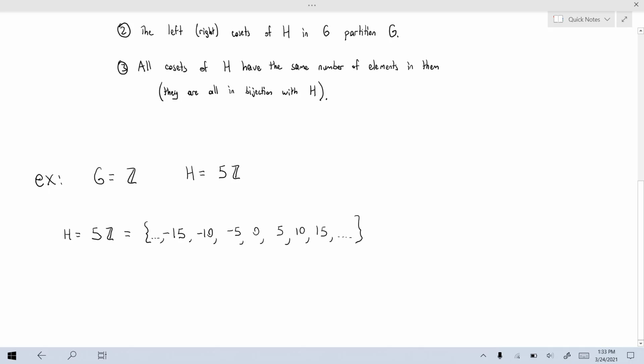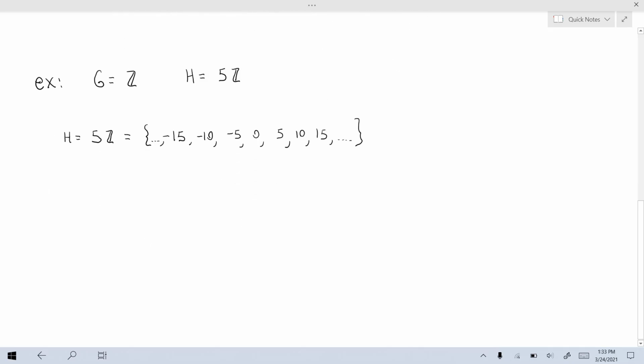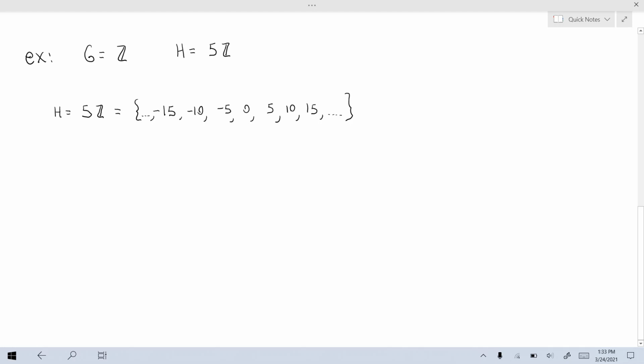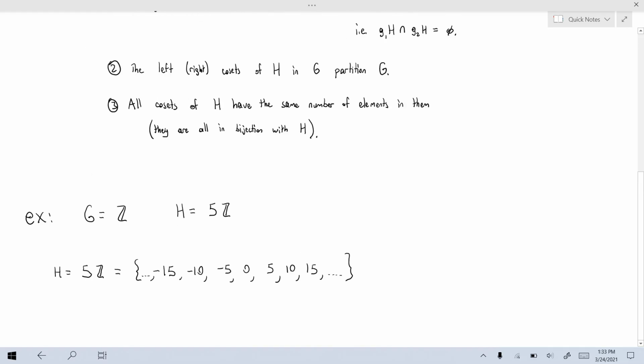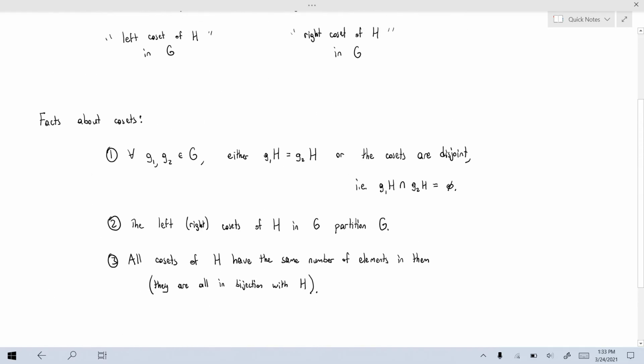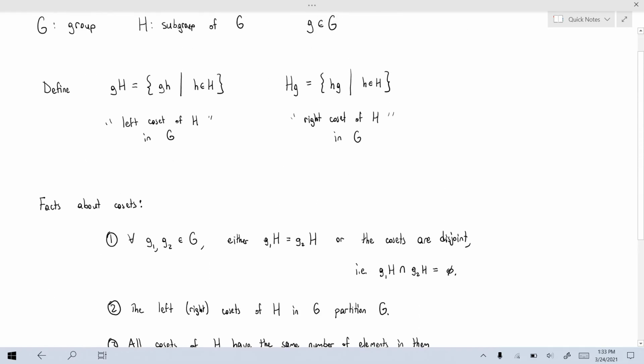So that's a little snapshot of all the elements in the subgroup H. If I want to find all of the cosets of H, what do I want to do? To get a coset, I take an element of my group and apply it to every element in my subgroup.